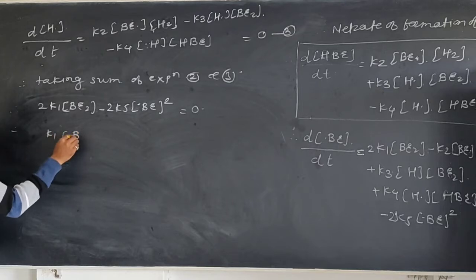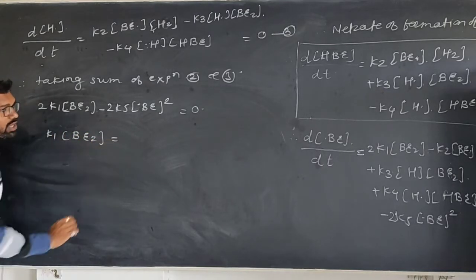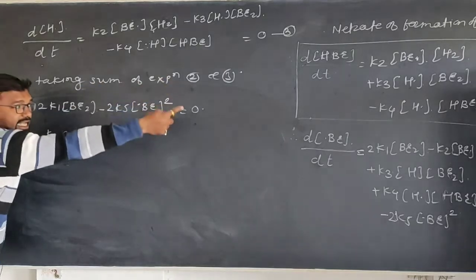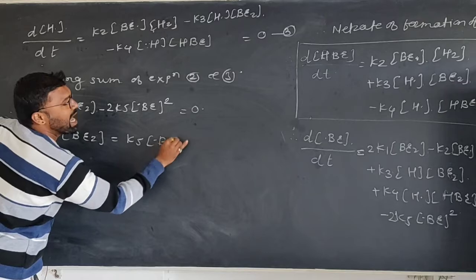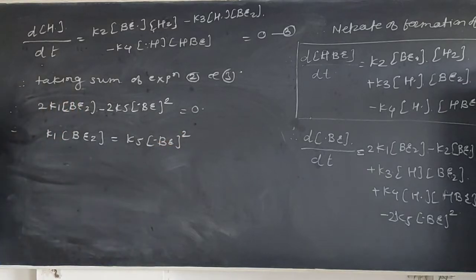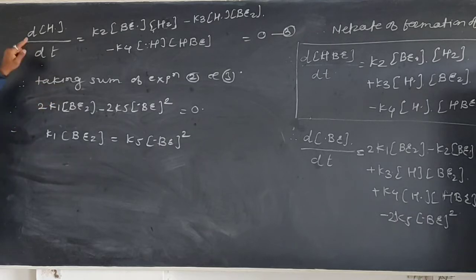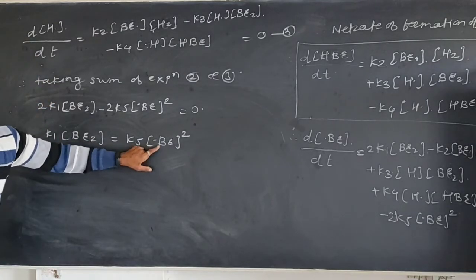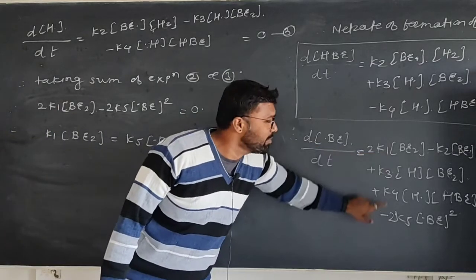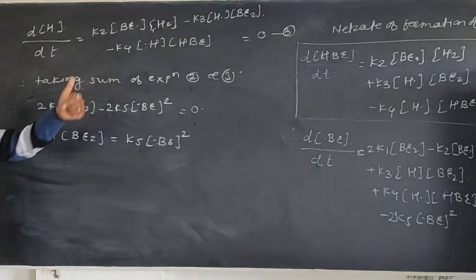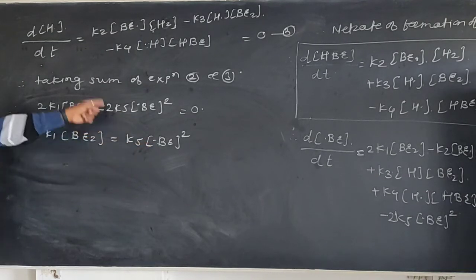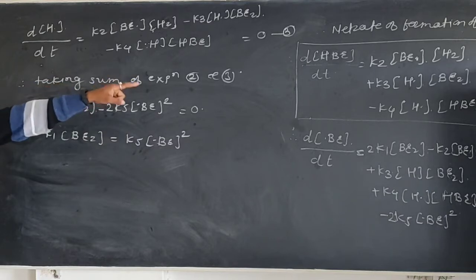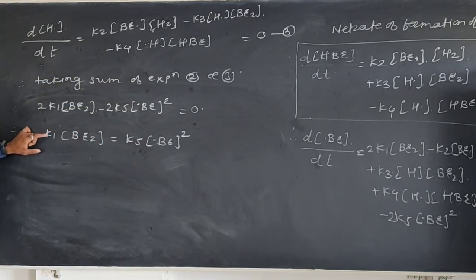Therefore K1 into Br2, this term is minus, taking to that side it converts into positive, equals K5 into Br radical squared. Why do we add these two terms? Because you have to find the net rate of formation of Br radical, since Br radical is also used in this step. Therefore, to find the net concentration of bromine, you have to take the sum of expressions 2 and 3, and therefore we get the net concentration of this.